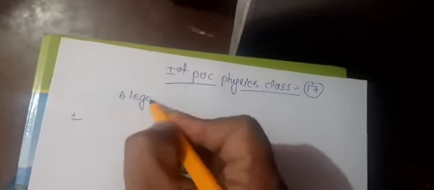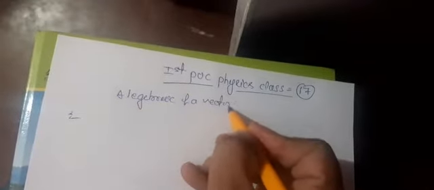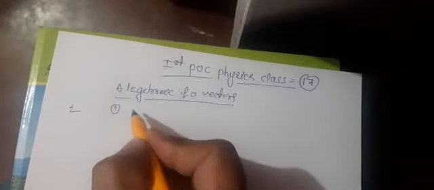In this class today, we discuss the algebra of vectors. The algebra of vectors is classified into two different types.